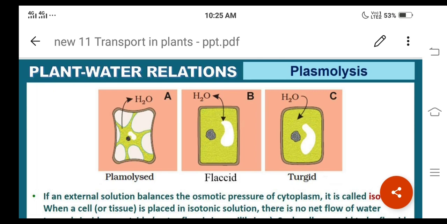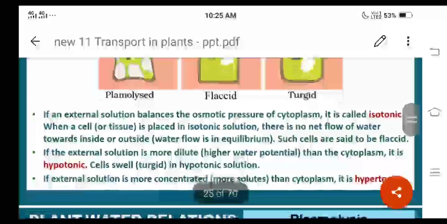A solution can be termed hypotonic, hypertonic or isotonic depending upon its osmotic concentration with respect to another solution or cell sap. Based on this, the different types of solutions are there.